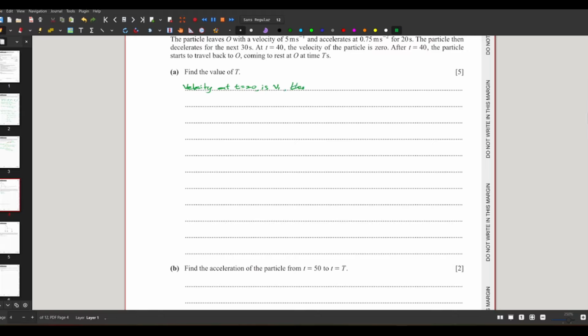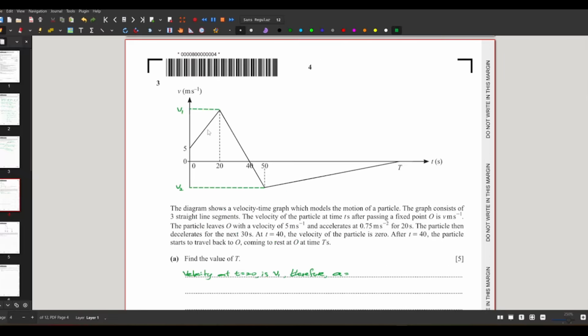Therefore, the gradient is the y distance, v1 minus 5, over the base, 20. This acceleration they gave us as 0.75.